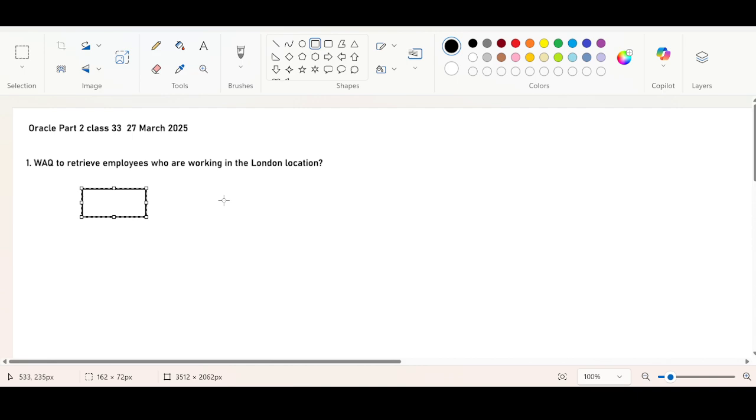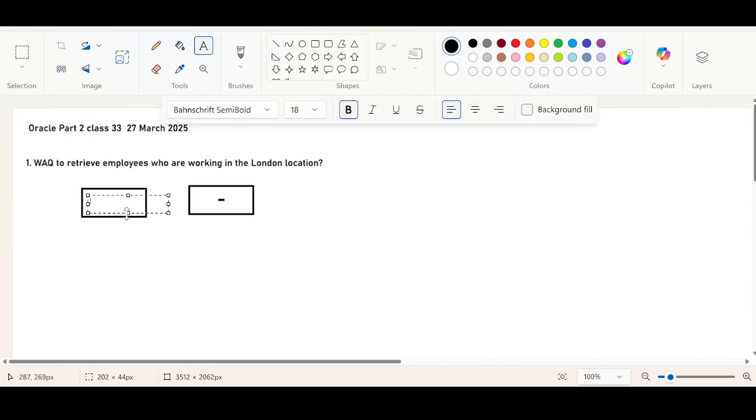One table is the employee table, the second one is the department table, and you have the department number as the common column in both tables. This is the assumption.